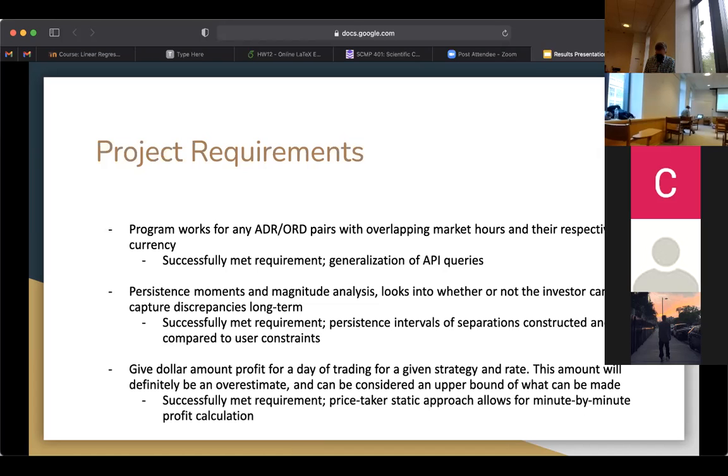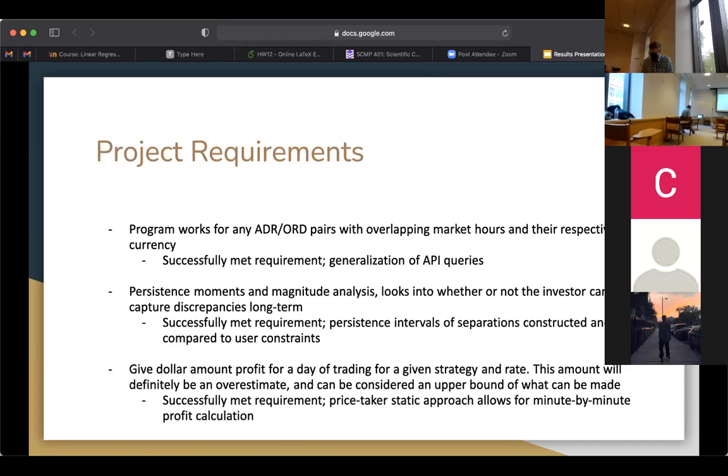Actually, let me go over how this arbitrage works first. So ADR and ORD pairs, you can perform arbitrage by doing a swap, which is going through a depository institution. If the ADR is very cheap and the ORD is very expensive, I can buy the ADR, I can enlist a depository institution to convert that ADR into an ORD and sell it for me on the foreign market.